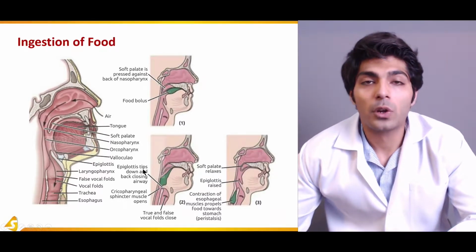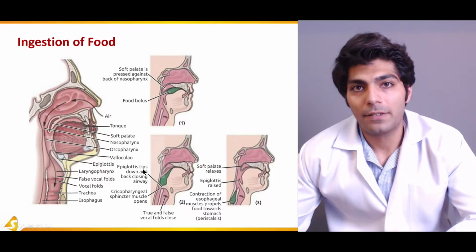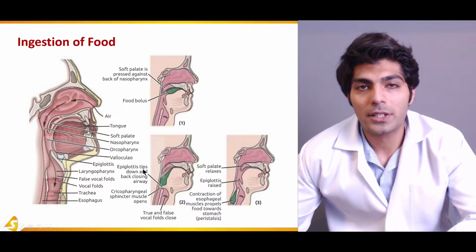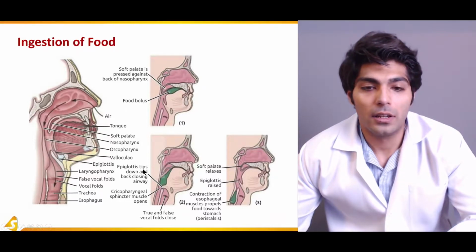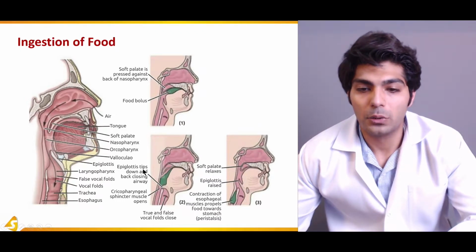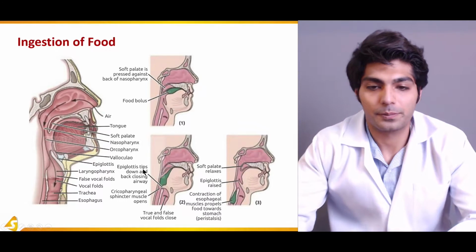So the epiglottis lid lifts upwards and closes the larynx, so the food moves further downwards. The cricopharyngeal sphincter muscles open up, and the food is passed into the esophagus.